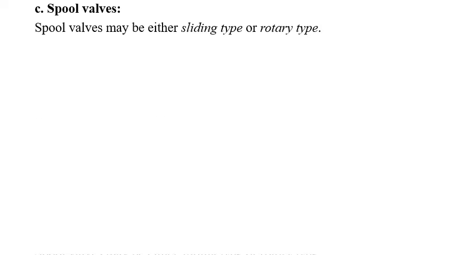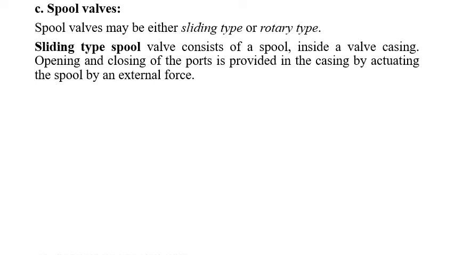Spool valves may be either sliding type spool or rotary type spool. Now we will move on to sliding type spool valves. The sliding type spool valve consists of a spool inside a valve casing.